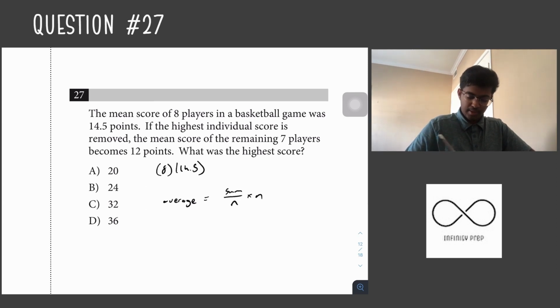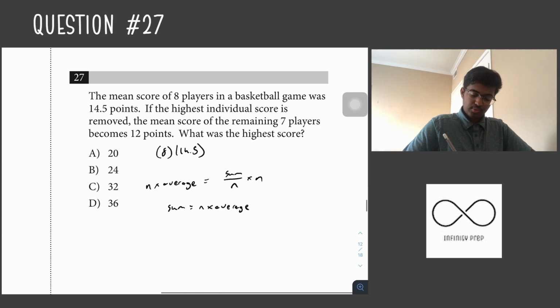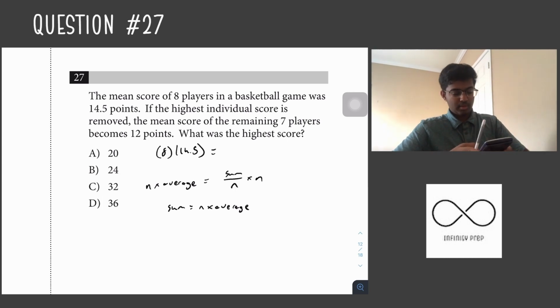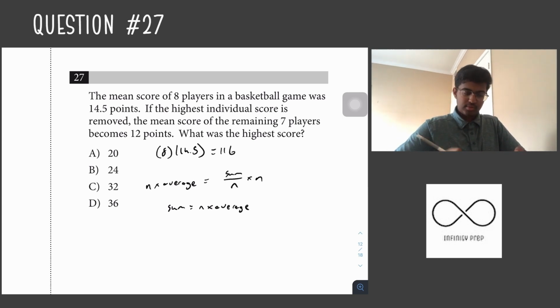So we can multiply by n on both sides to get the sum equals n times average. The n here is 8 and the average is 14.5. So the sum becomes 8 times 14.5, which is 116.